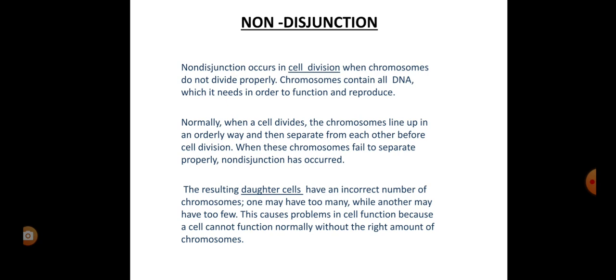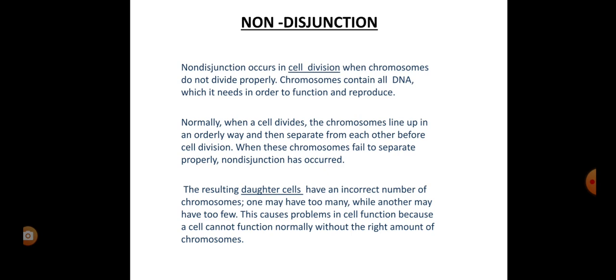Normally when a cell divides, the chromosomes line up in an orderly manner and then separate from each other. When these chromosomes fail to separate properly, non-disjunction occurs. It means in non-disjunction there is no proper separation of chromosomes.